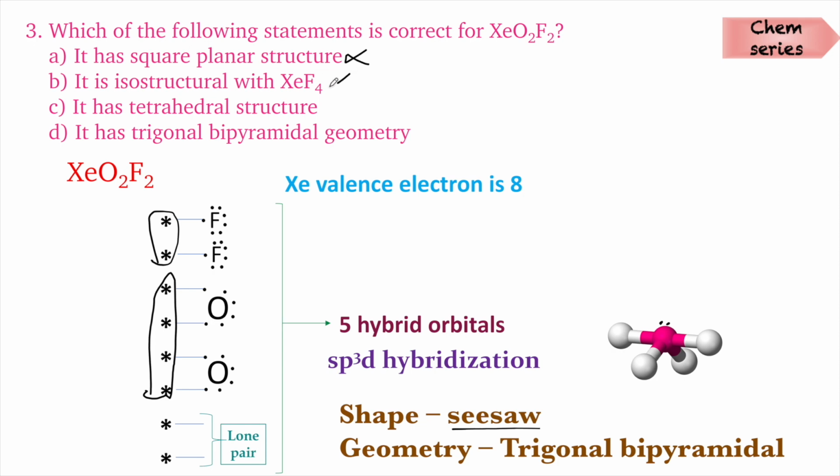So this option is also wrong. It has tetrahedral structure. No, the hybridization is sp3d. So it is not tetrahedral. So the fourth option should be right? It has trigonal bipyramidal geometry. Yes, correct. The geometry of XeO2F2 is trigonal bipyramidal. So your correct option is D.